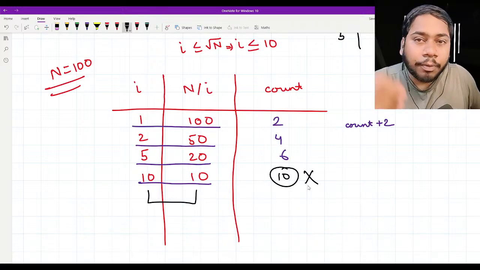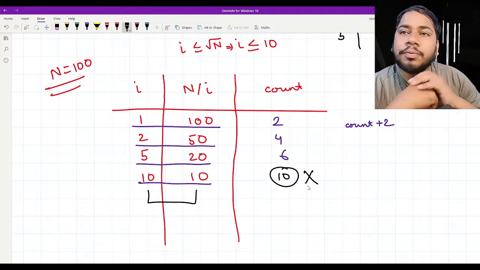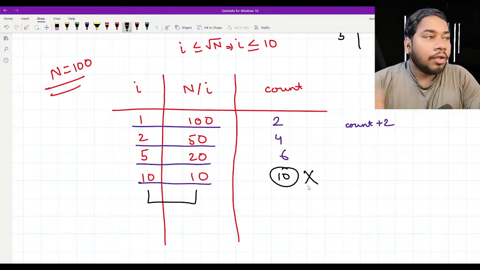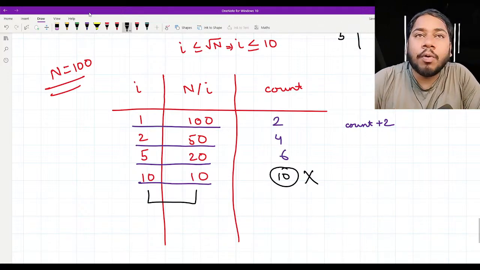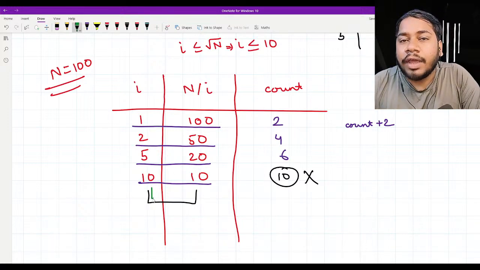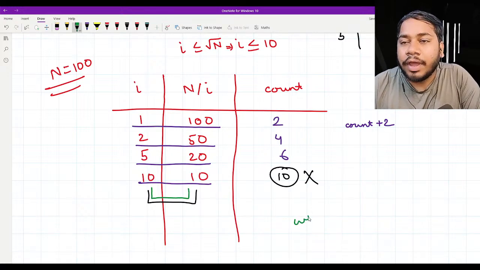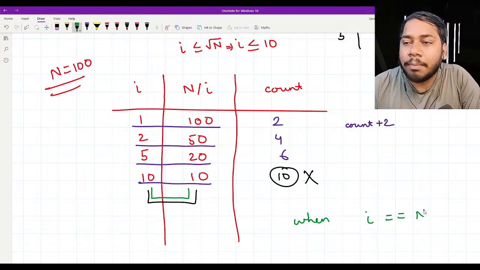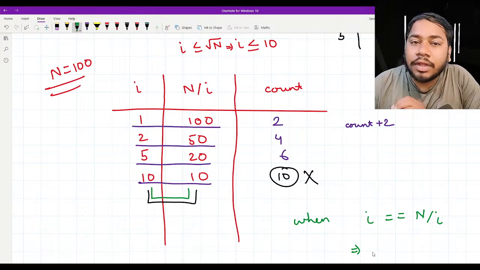So what we have to do? We have to put one more condition, guys. What will the condition be? See, when I is equal to n by I, then what we have to do? We don't have to increment the count by 2.